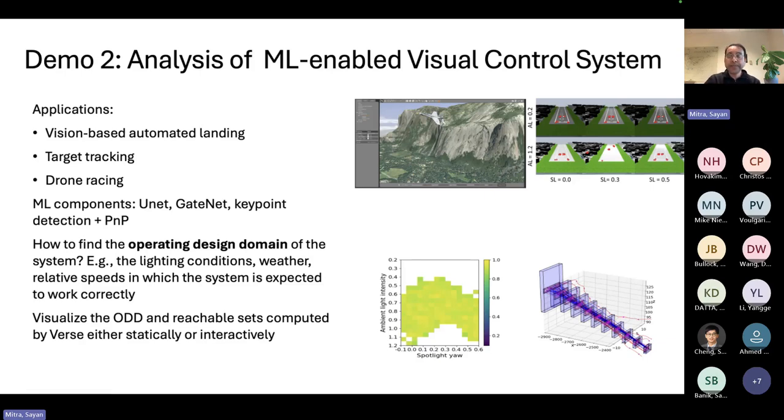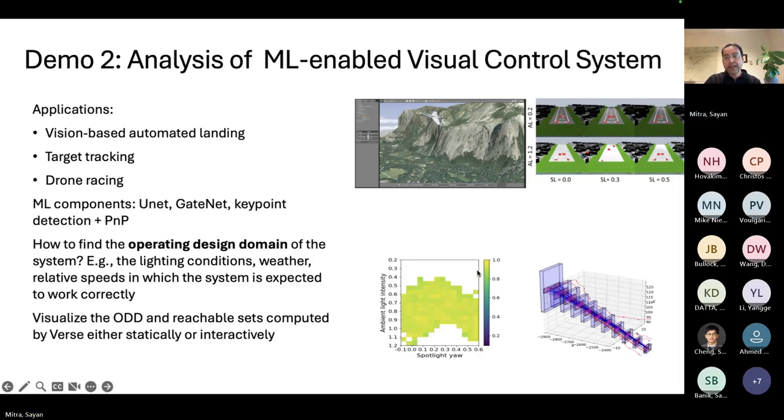behavior changes dramatically. So we have a technique, again, I'm not going to go into the technique today in detail. There are a couple of different papers describing it, which can identify the range of those lighting conditions under which the vision-based automated landing system works provably correct.